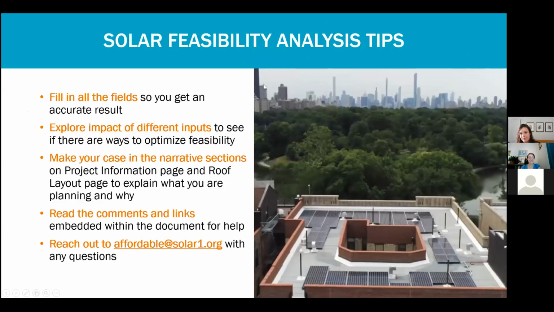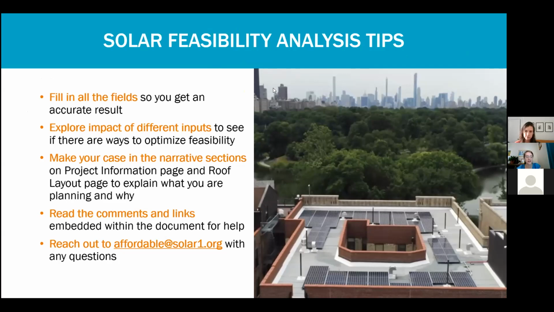So, some last tips about using the feasibility analysis. Again, it's really important to fill in all the fields, especially on the building inputs tab, because those create the equations that lead to the analysis. But we totally recommend exploring the different inputs to see what would happen if this building were a little bit taller.